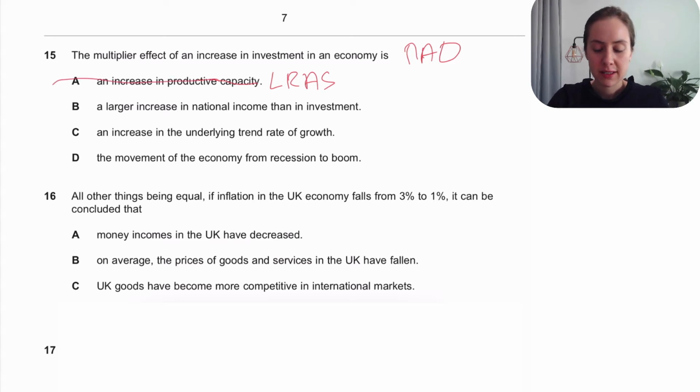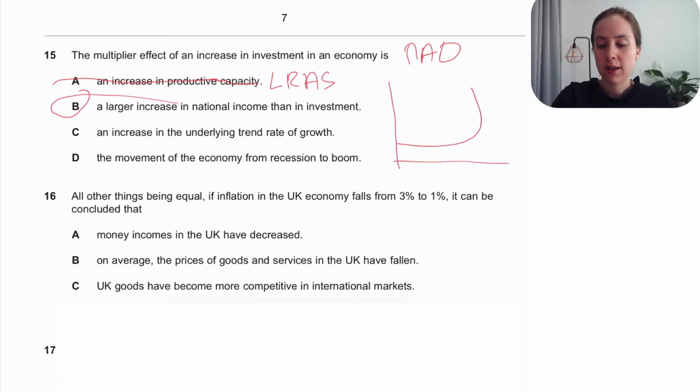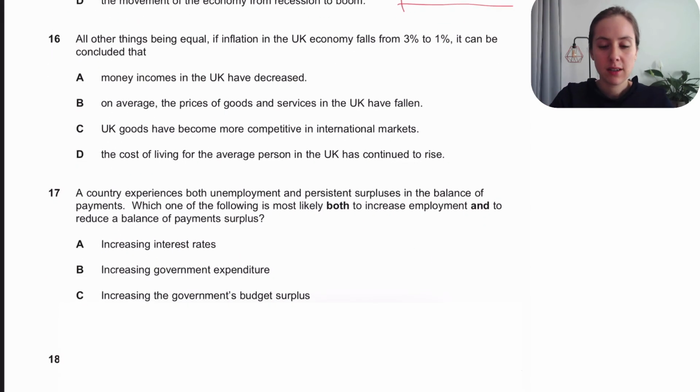A larger increase in national income than, yeah, this is what I've said. You have the initial injection, such as investment, and then that has multiple effects on the economy. So you kind of have an initial AD impact, and then it increases even further because of the multiplier. So it's a larger increase in national income than the initial investment.